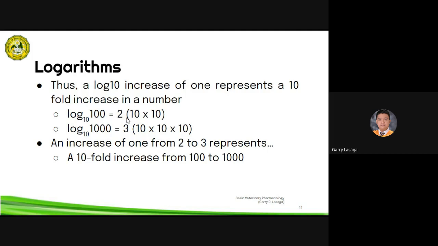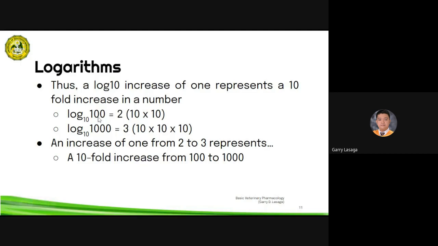A log base 10 of 1,000 is equal to 3. This means that we need to multiply 10 three times in order to get 1,000. So there is an increase in the log base 10 from 2 to 3. When we increase the log base 10 by 1, it would also mean a tenfold increase in the number.